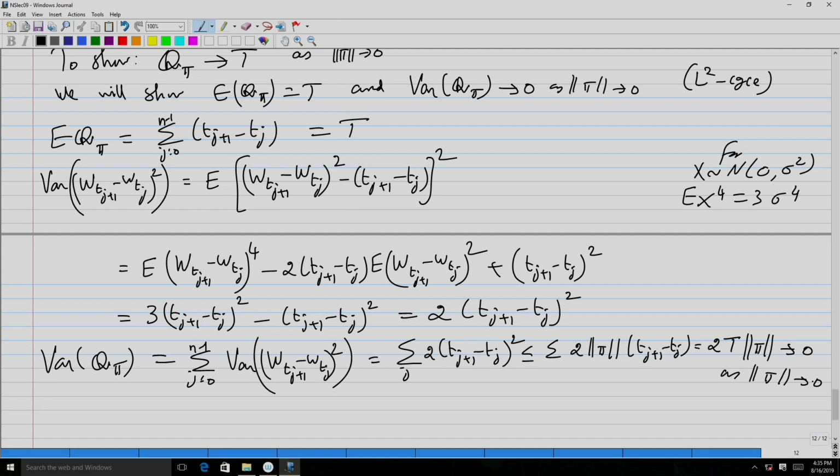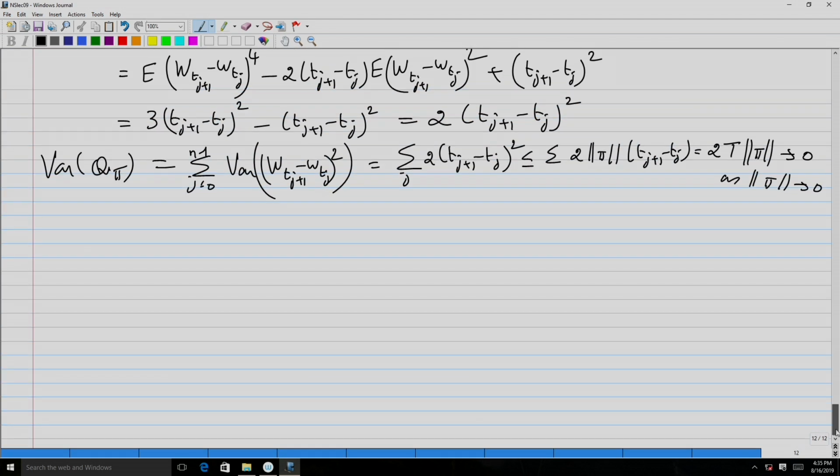Hence we have shown the quadratic variation result. So, this is the proof.